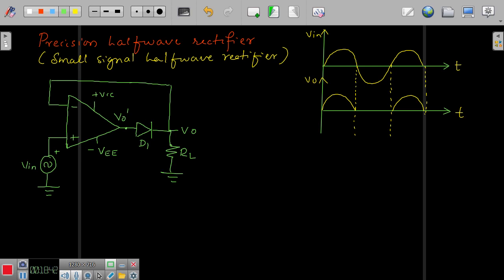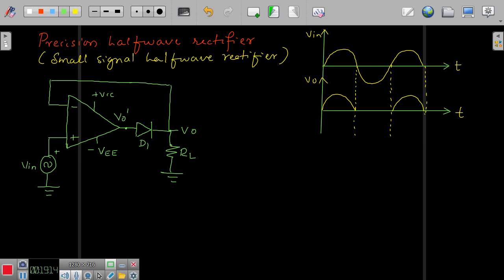So now please see, had the diode been absent in this circuit, what this circuit should have been? Can somebody? Inverting amplifier. How do you say that it is an amplifier? What are the things that are attributed to an amplifier?